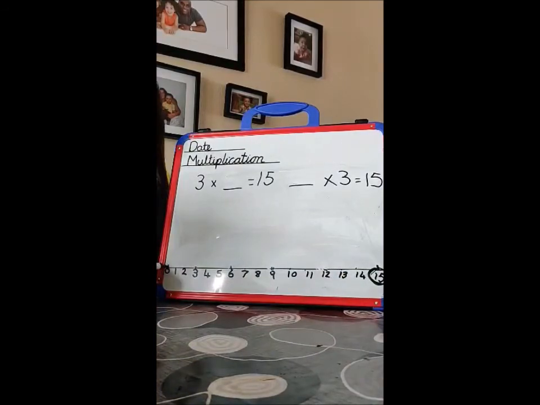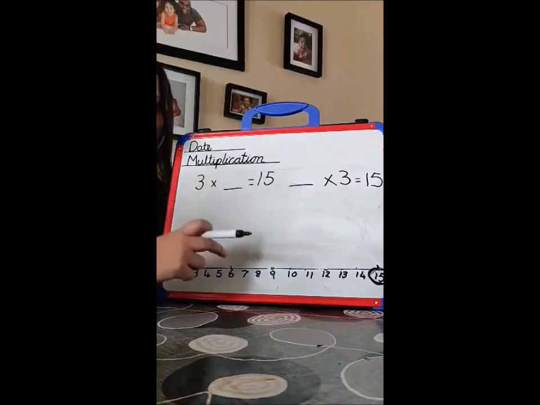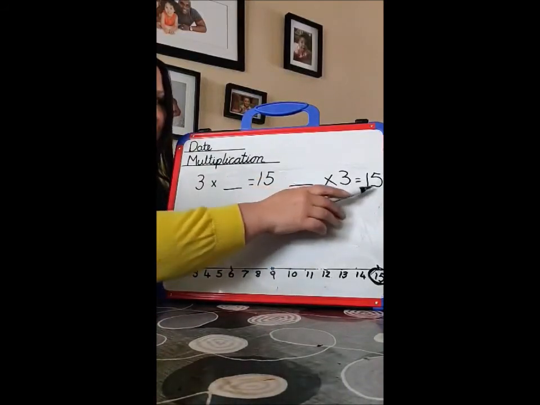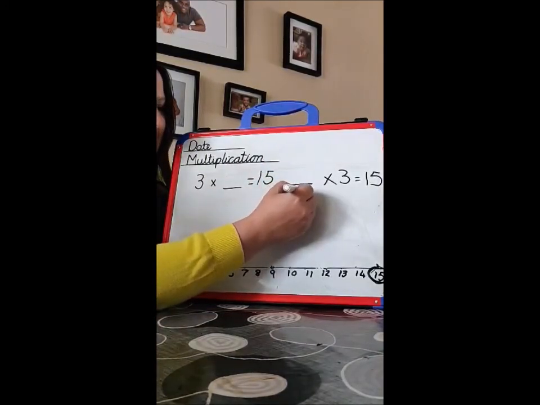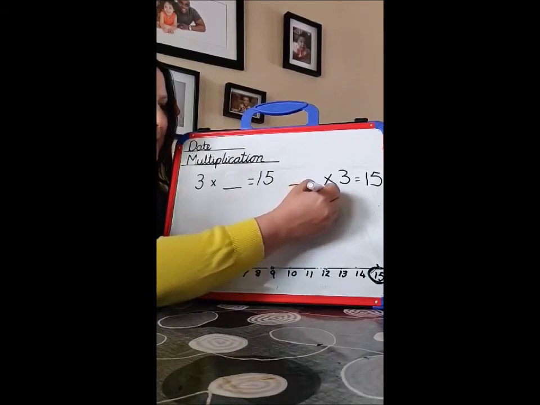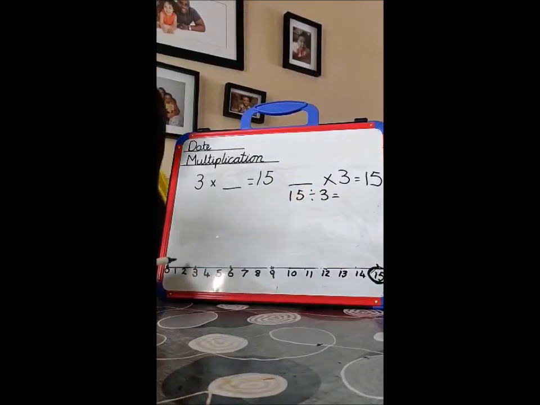Starting at 0, I'm counting in 3s, and I want to know how many 3s I can count in. How many 3s do I get into 15? This is actually divide. I'm actually doing 15 divided by 3. So on your number line then, let's have a go. I'll have a go with you for the first one.